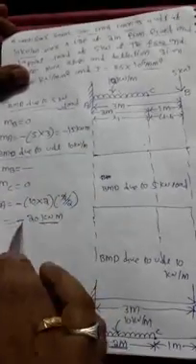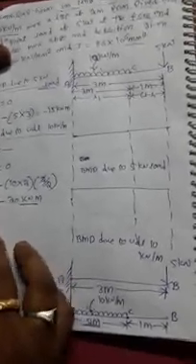So the 2 cancels, minus 10 into 2, 20 kilonewton into meter. Kilonewton into meter is the unit for moment. Minus 20 kilonewton into meter. Here also a minus sign, and here also a negative sign.